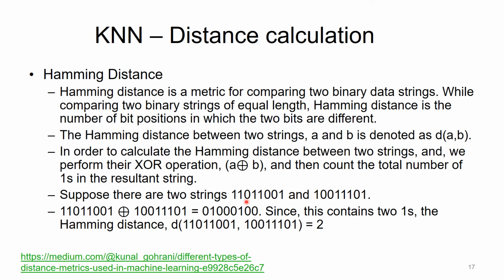Suppose there are two strings 11001 and 10011101. Comparing position by position: 1 and 1 similar, 1 and 0 there is a dissimilarity, 0 and 0 similar, 1 and 1 similar, 1 and 1 similar, 0 and 1 not similar, 0 and 0, 1 and 1. So 2. Now if you take XOR, you will have two ones. So by taking XOR, you can count the total number of ones. That is the same as the way we calculate the differences.